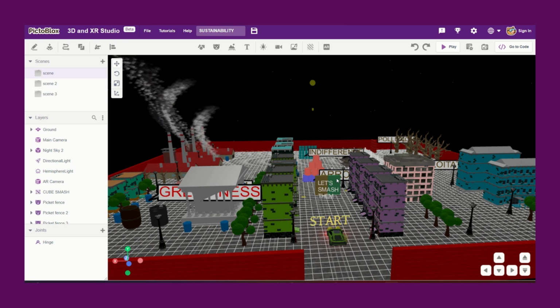So this approach, by smashing these negative attributes, these detrimental traits, is not only entertaining, but it also will imbue the player with a sense of responsibility towards sustainable living.